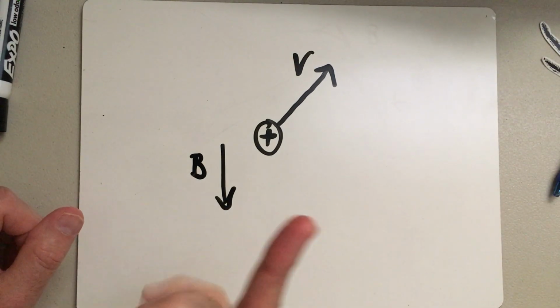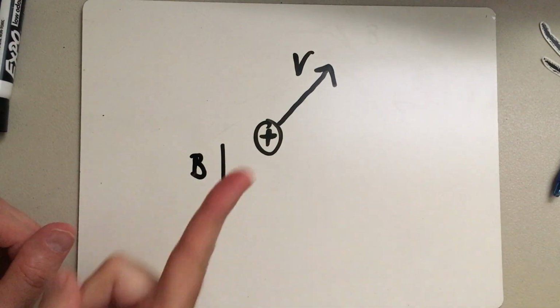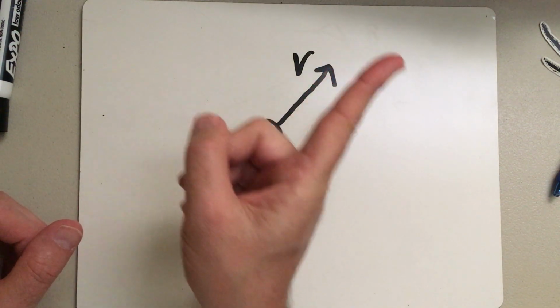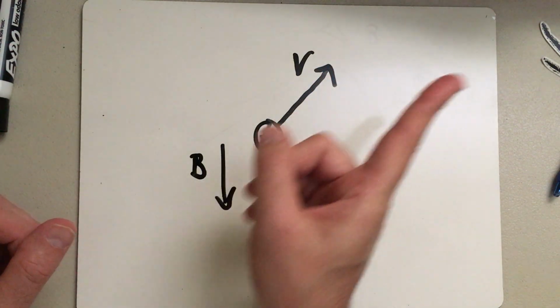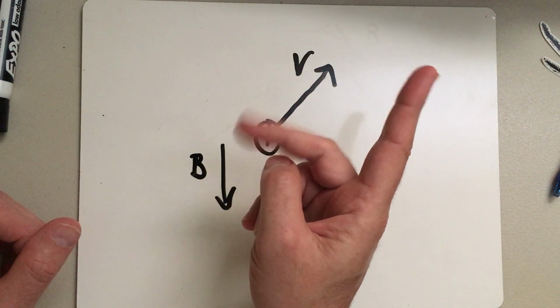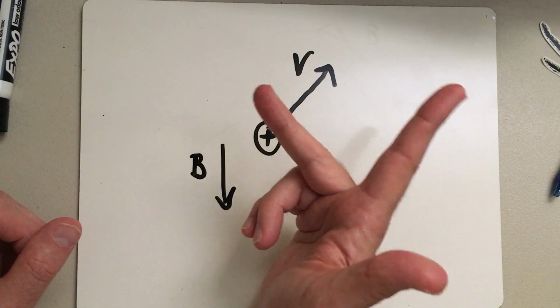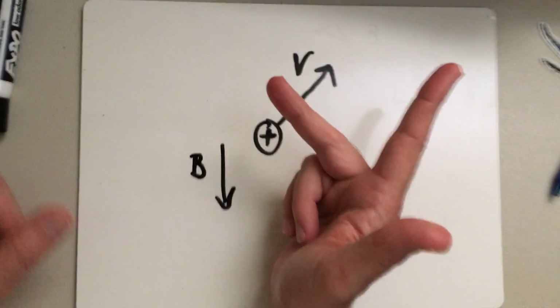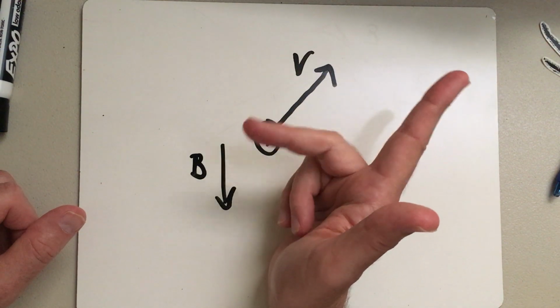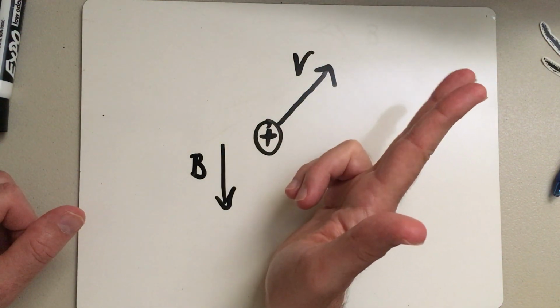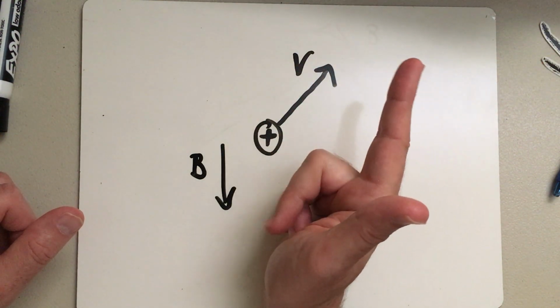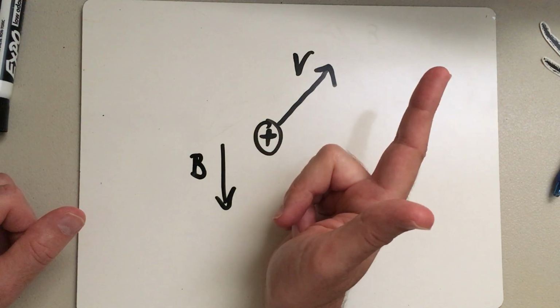Once again, I stick my index finger in the direction of the velocity. Now my middle finger has to be in the direction of the magnetic field. Notice right now, it's not. The range that I'm allowed, from 0 to 180, I can't get it to point in the direction of the magnetic field.